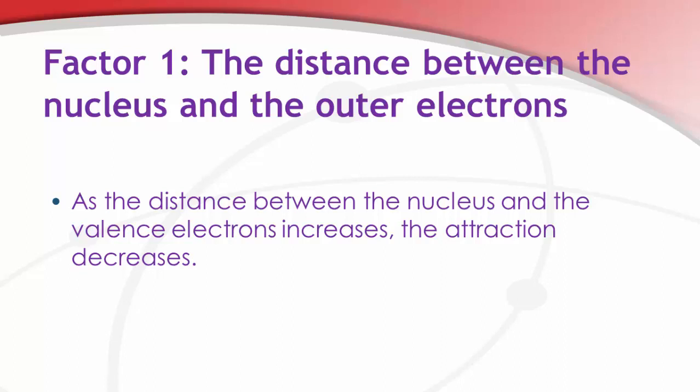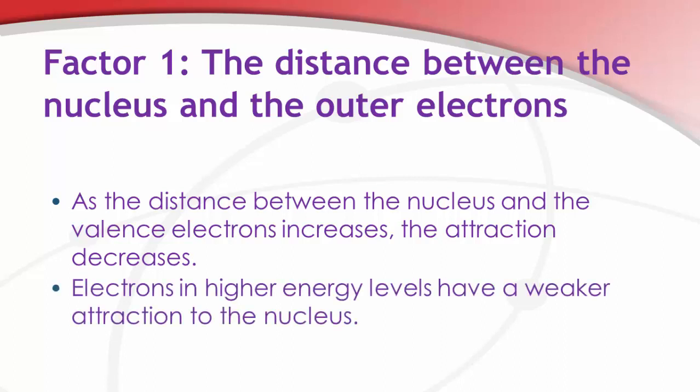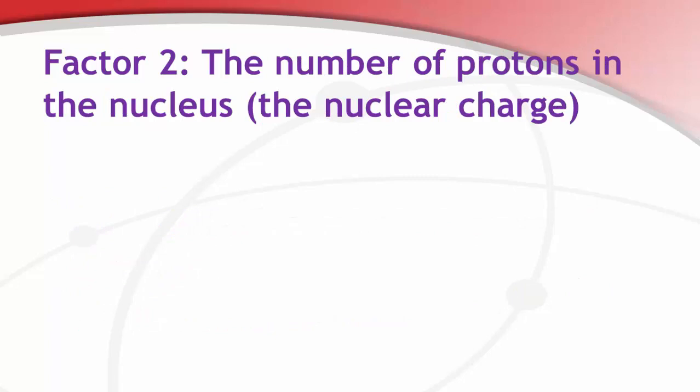Well, this is going to decrease the attraction. Electrons in the higher energy levels have a greater average distance to the nucleus, while these are going to have less force attracting them.